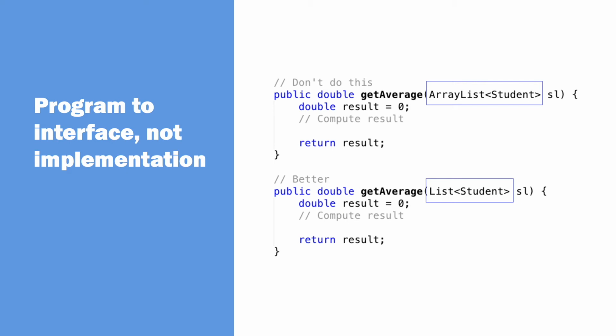It shouldn't matter whether the given list is an array list or a linked list. As long as it's a list of students, the method should be able to calculate and return the student's average. By using interfaces, our code can work with various classes that implement the interfaces. If necessary, we can also change the concrete type we use with little modification.